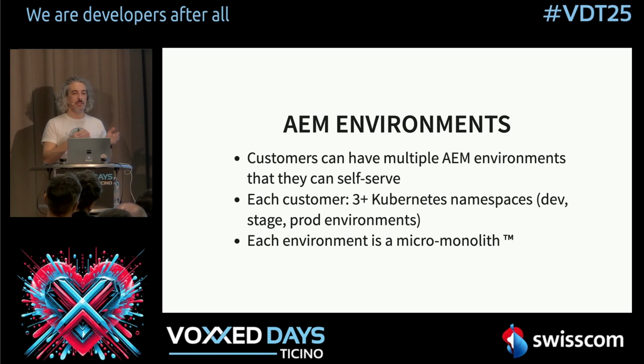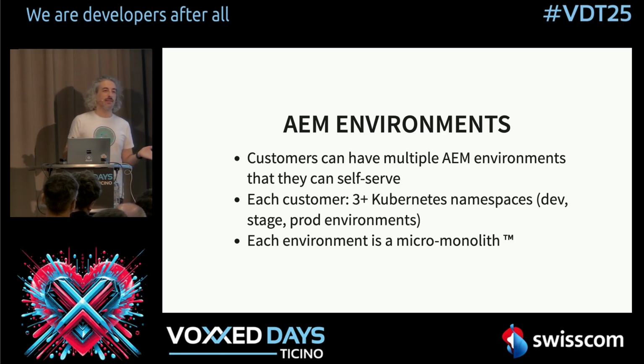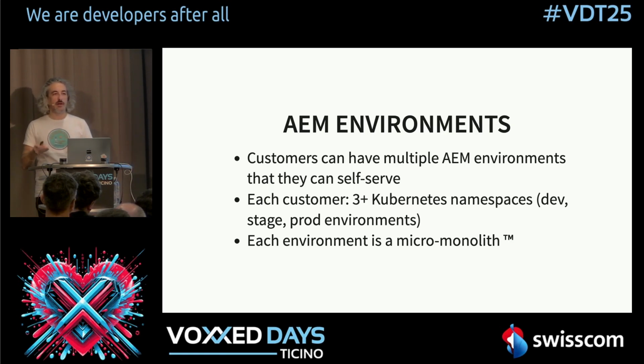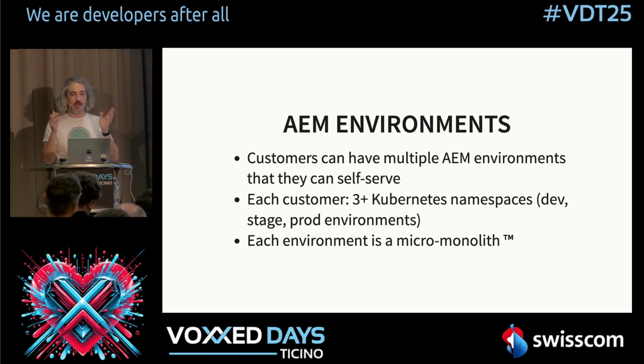Imagine if you have dev, stage, production environments, they would get 3 different namespaces. And I like to call each environment a micro monolith. We give every customer their own set of services.